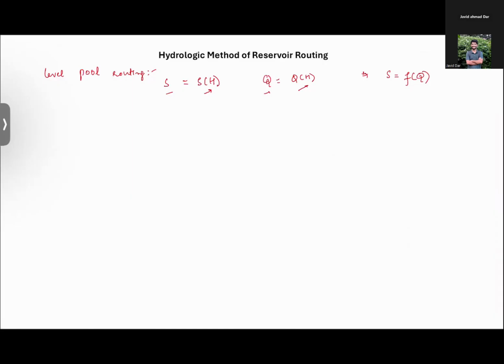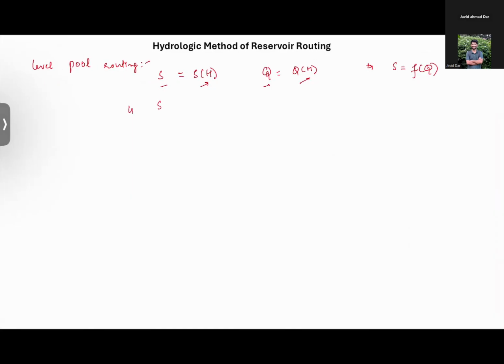But the important thing is that this storage, discharge, and depth will all vary with time. So S is a function of time, Q is a function of time, and H is also a function of time. We can write inflow also; inflow is also a function of time.